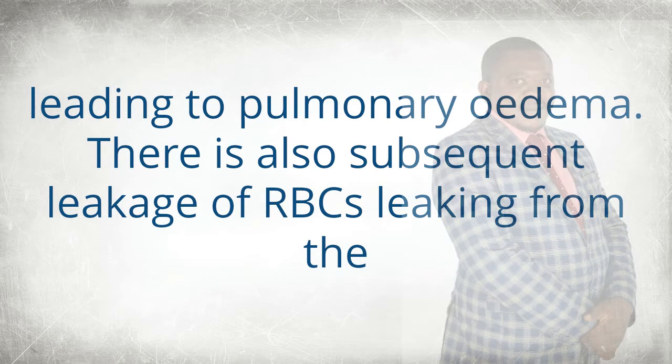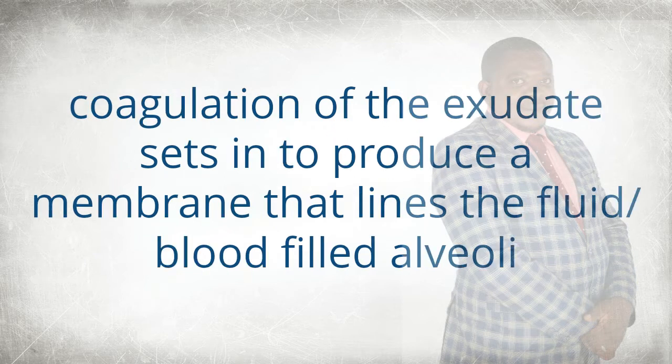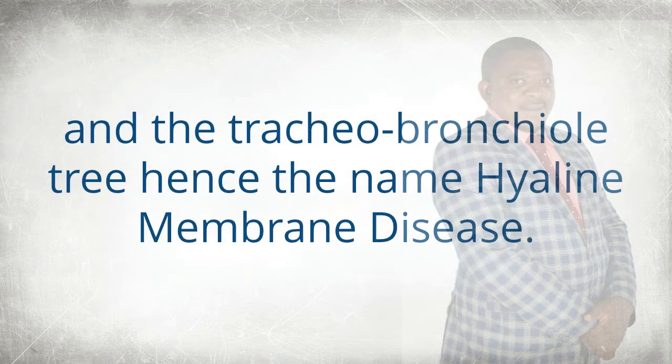There is also subsequent leakage of RBCs from the capillaries into the pulmonary spaces, which attract coagulating factors such as fibrin, and coagulation of the exudate sets in to produce a membrane that lines the fluid/blood-filled alveoli and the tracheobronchial tree, hence the name hyaline membrane disease.